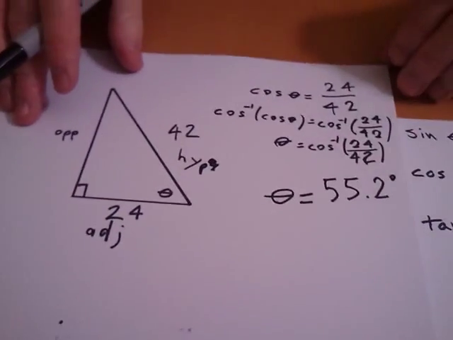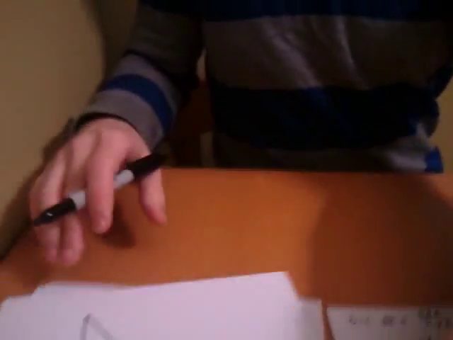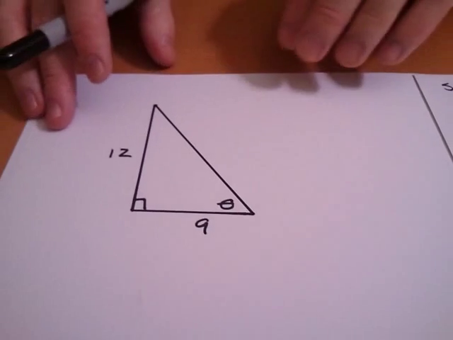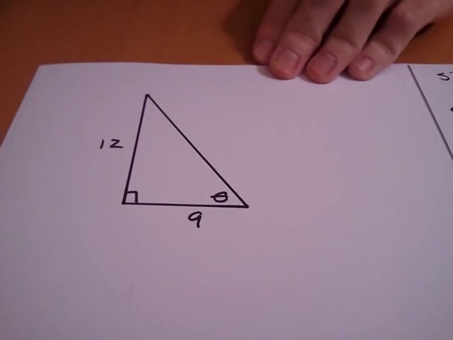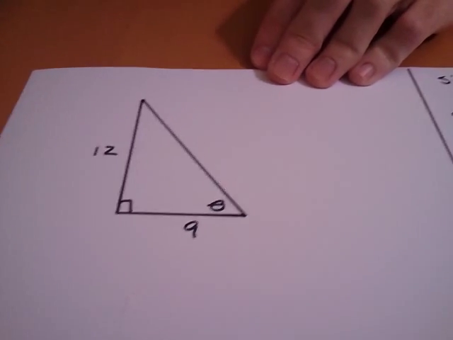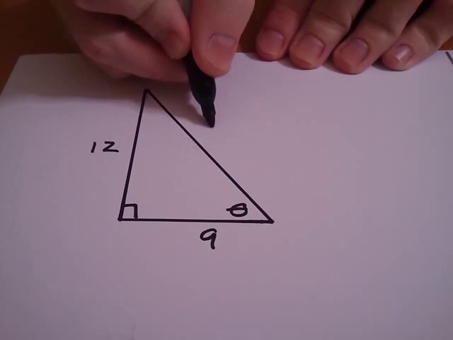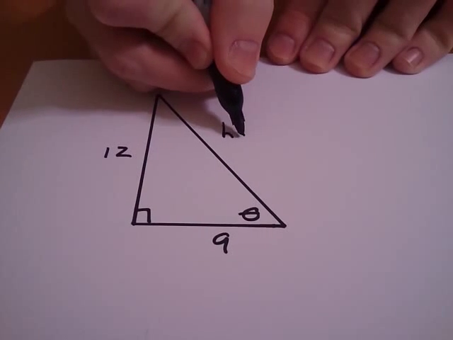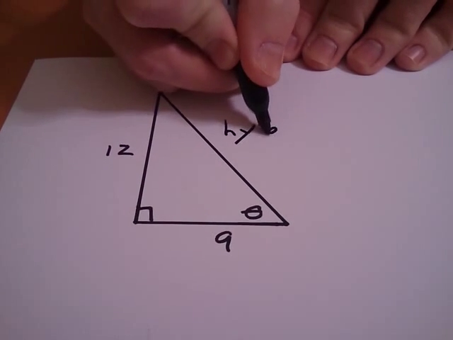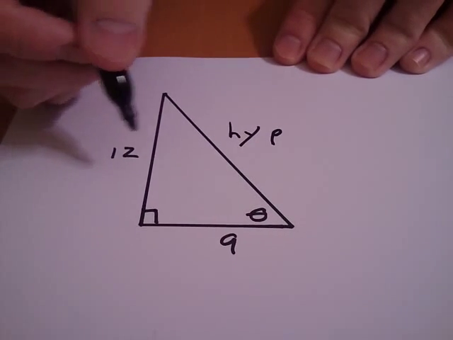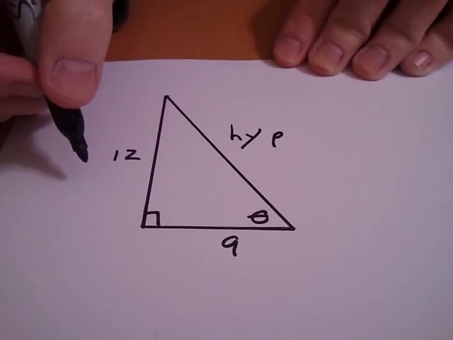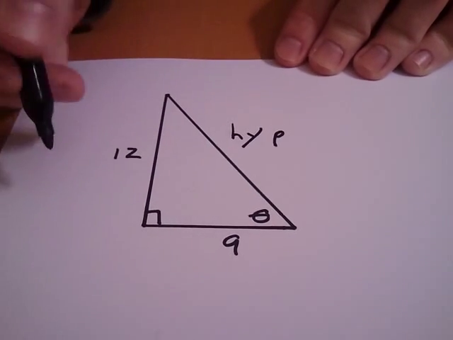I want you to try one. First of all, what are our sides? This should be our hypotenuse, right? Because it's across from the right angle. There's our theta.